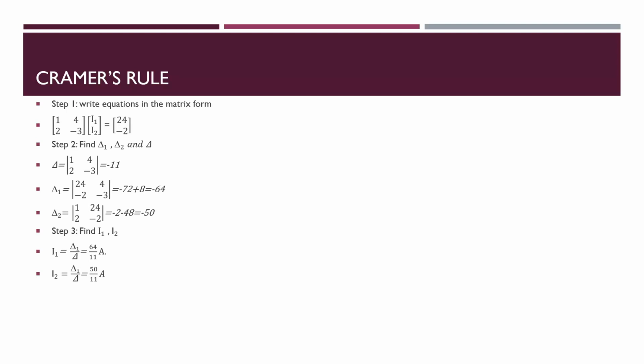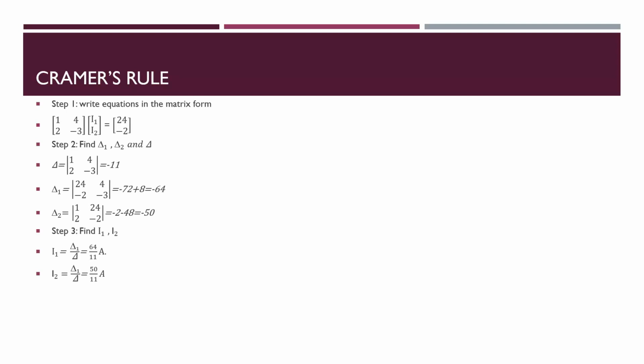Now in step 2, you have to find delta 1, delta 2 and delta. Delta is nothing but this matrix; you have to find the determinant of this matrix, which will come out minus 11. Then for delta 1, you have to replace the first column with the constants.